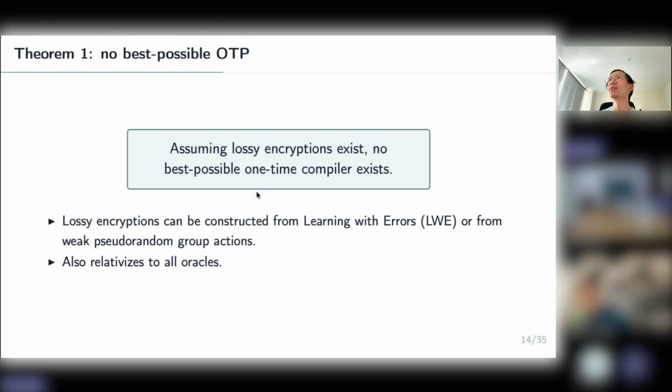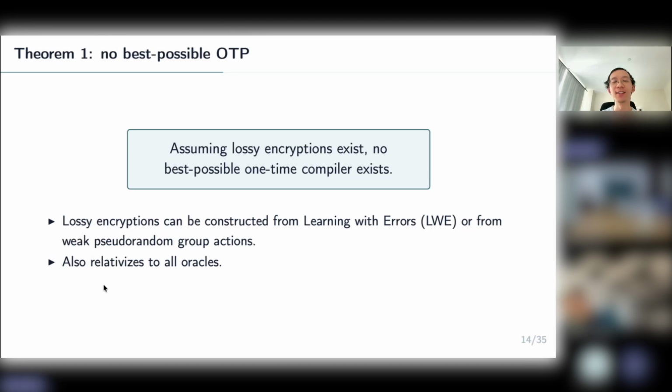Yeah, thanks for the question. But can we come up with some notion of, can we draw a line for the family of functions for which we can achieve this best possible OTP compiler, a strict line? We'll get there. Yes.